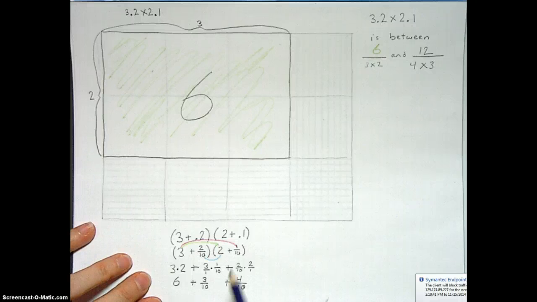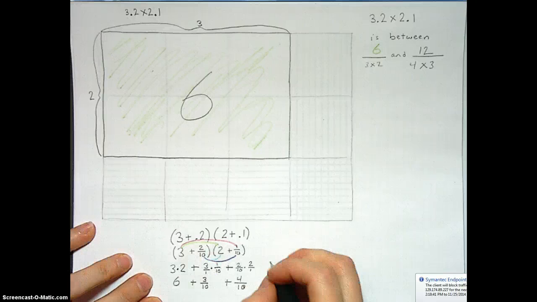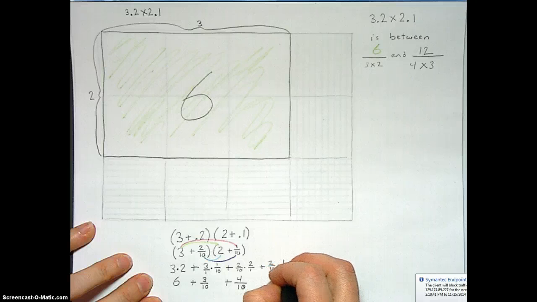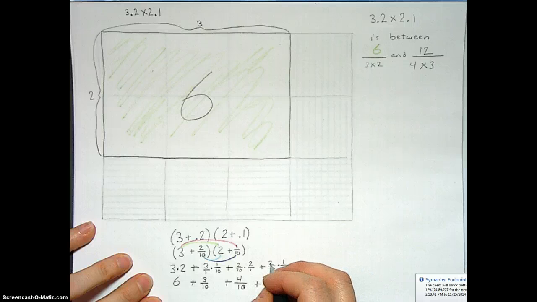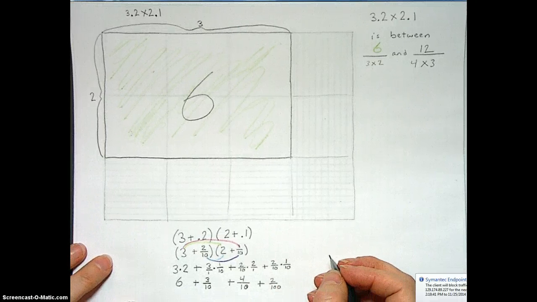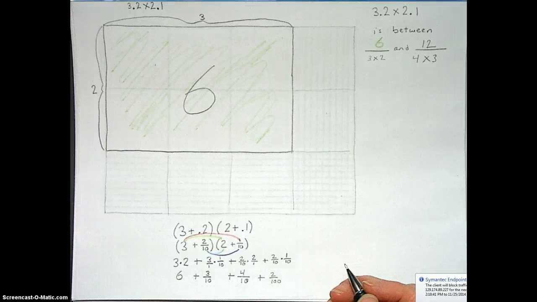And then our last piece here is our 2 tenths times our 1 tenth, and when you multiply your decimals, you do 2 across 2, which gives 2 hundredths.